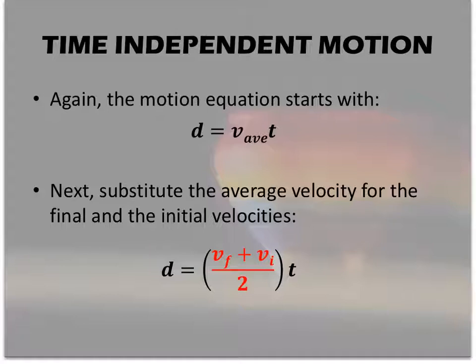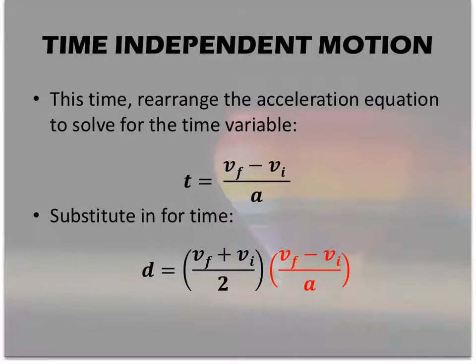Now the same idea, I'm going to use that V_av equals (Vf plus Vi) over 2 formula, and I'm going to substitute that in for the V_av. So again, I get my final and initial velocities in there. But now I've got to work on that time variable. Since this equation is time independent, I want to get time out of the equation.